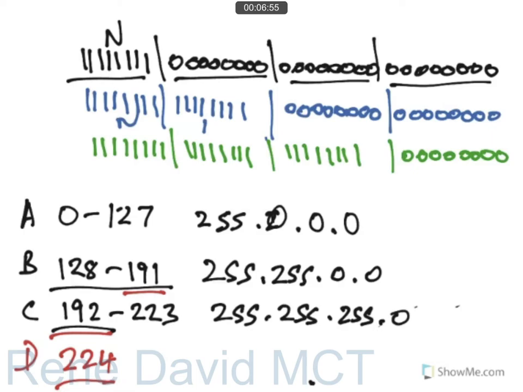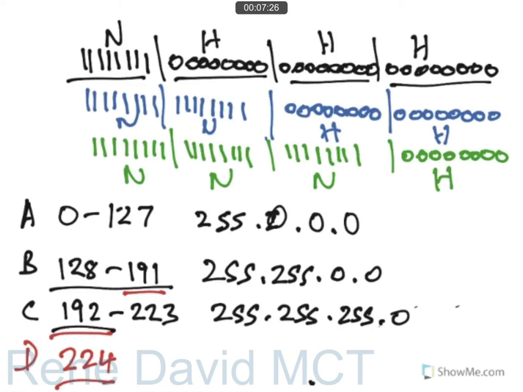So you've got 2 network octets. And in Class C, you've got 3 network octets. The zeros that are left behind are your host octets. So in Class A, you've got 3 host octets. In Class B, you've got 2 host octets. And in Class C, you've only got 1 host octet.